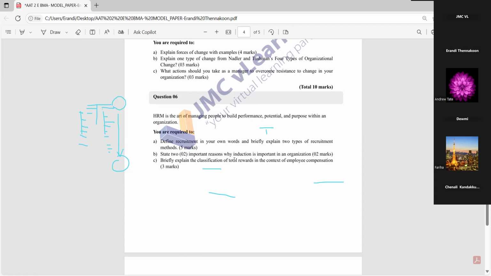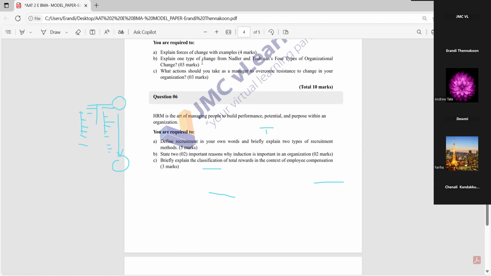So, explain two types of recruitment methods. You know that there are two types of recruitment method. One is internal recruitment, right? We are filling vacancies within the existing workforce. The other one would be external recruitment. So you need to write these two. Again, you can use a table here, right?